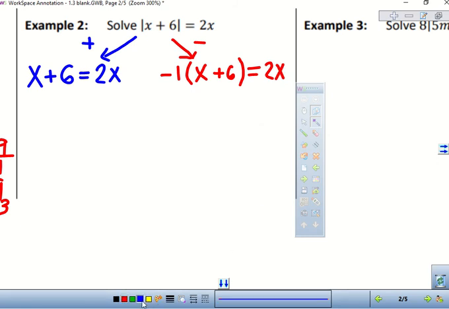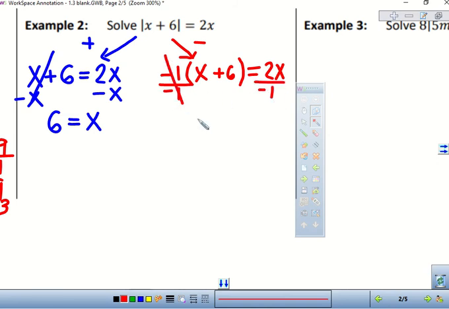Now we're going to solve each of these equations individually. I'm going to do that by getting the x's to one side by subtracting x on both sides. What's 2x minus x? X. So that one's already solved. Now over here on the other side, I'm going to divide both sides by -1. That's going to give me x plus 6 is equal to -2x.